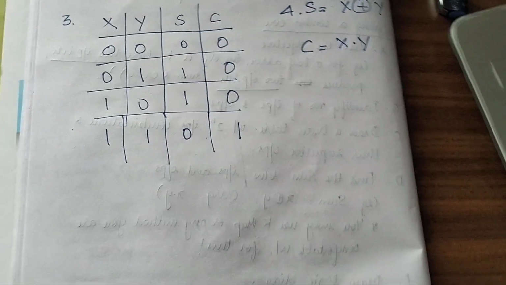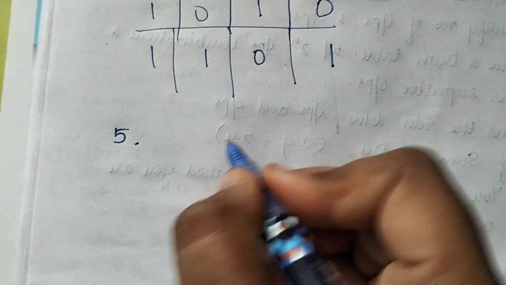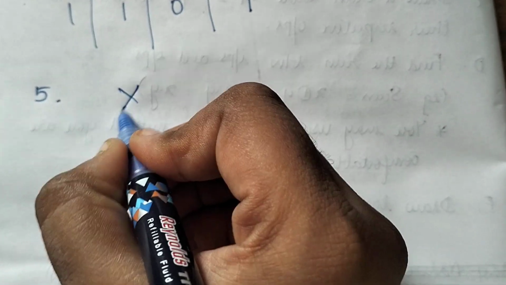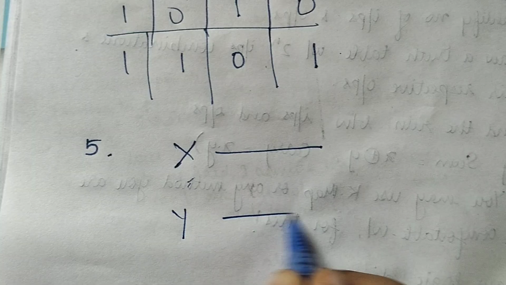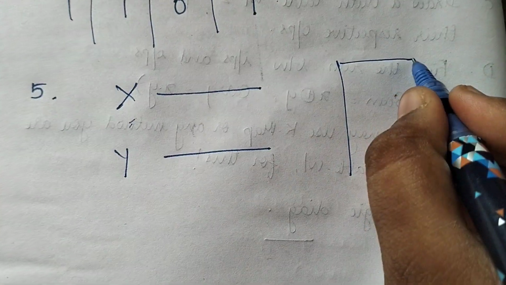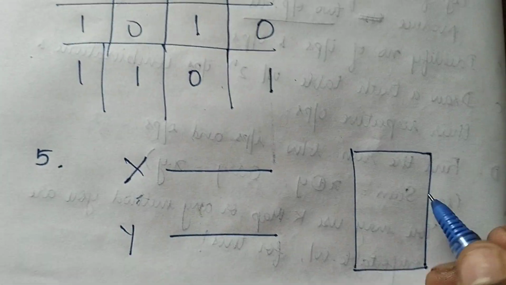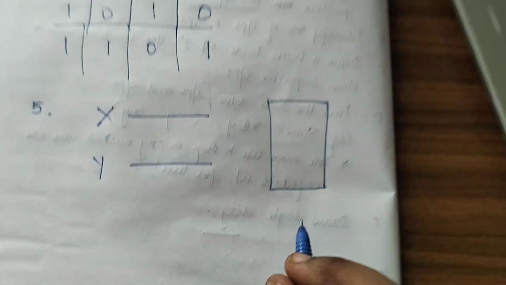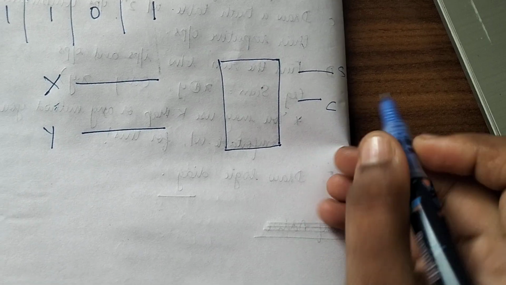But anyhow, now that we have the relationships, the last step is to draw the logic diagram. So we have X, we have Y, we have our circuit, and we have our outputs, sum and carry.